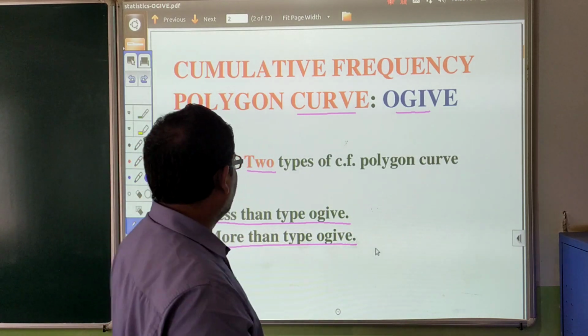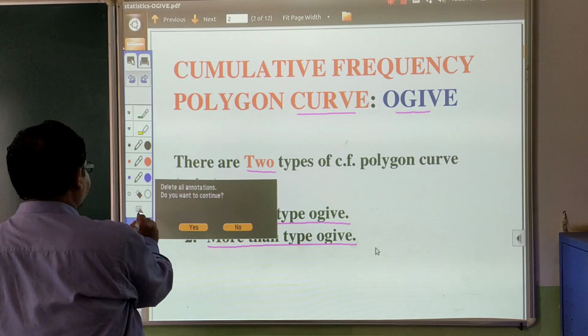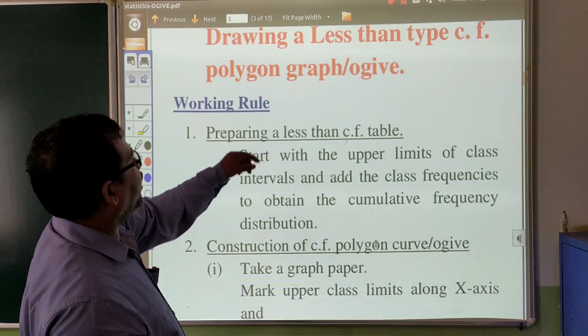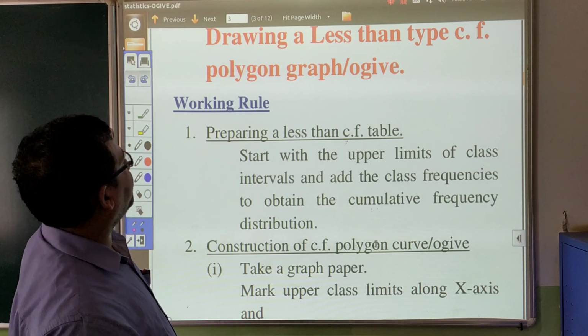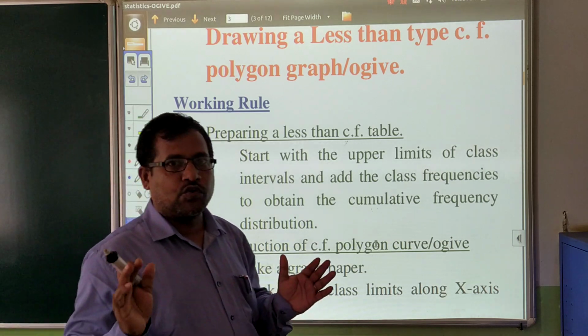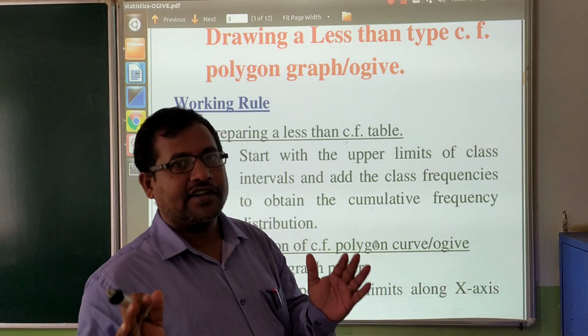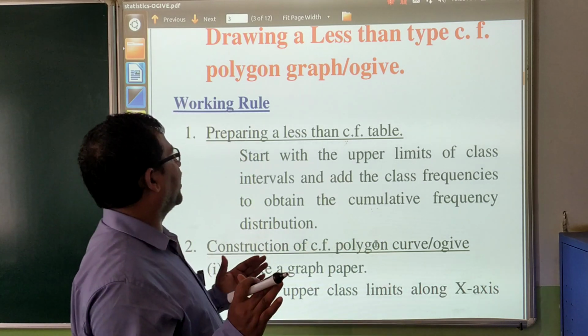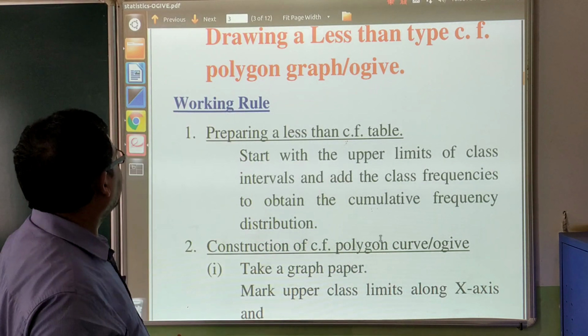First of all, we will discuss less than type OGIVE. How we can draw a less than type cumulative frequency polygon or OGIVE.